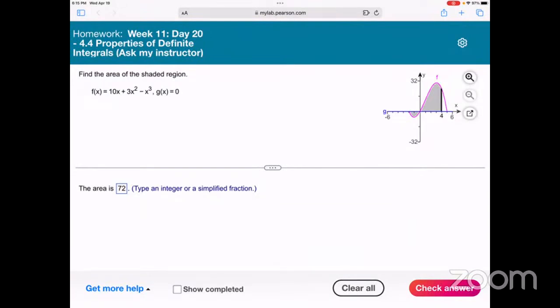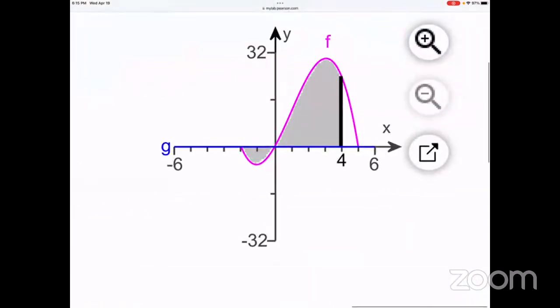So we might need to break it up into 2 parts, because when x is positive, f is above g, so we can say f minus g. But when x is negative, g is above f. So then it looks like we need to do g minus f. Okay, so let's account for those changes. That's why I was kind of hesitating.